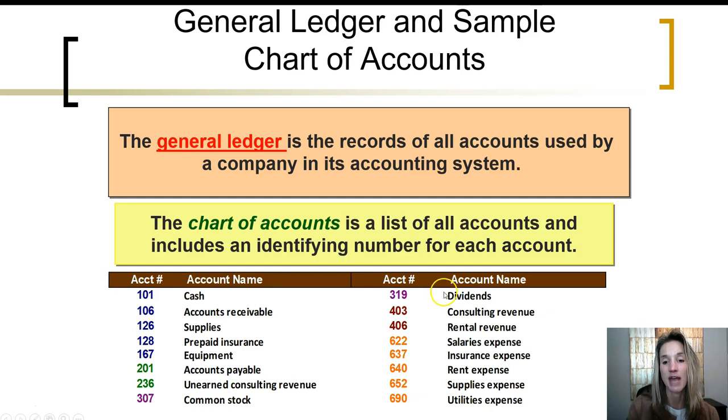Notice that each account has a name and a unique number assigned to it. We always use both numerical and non-numerical names to make it easier for the software to track account numbers and make it easier for individuals to identify accounts by name.